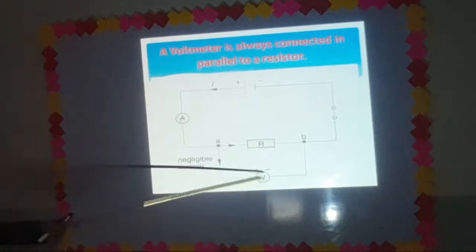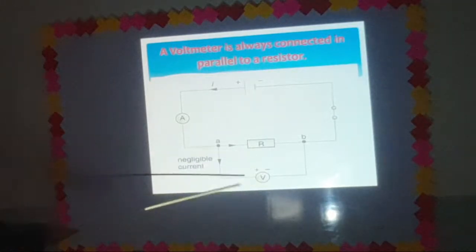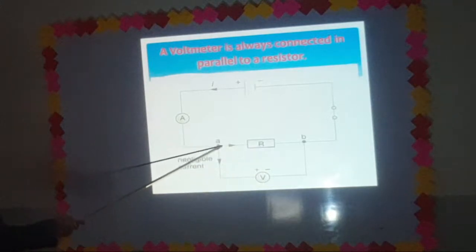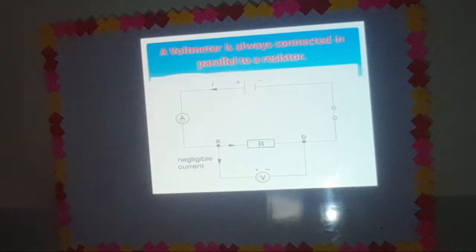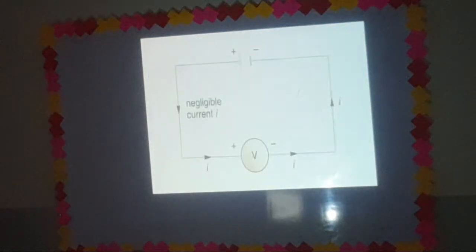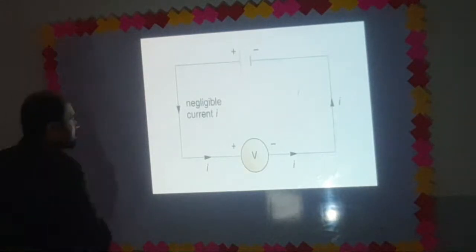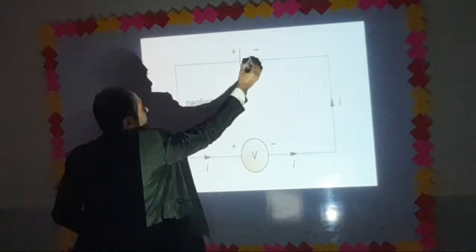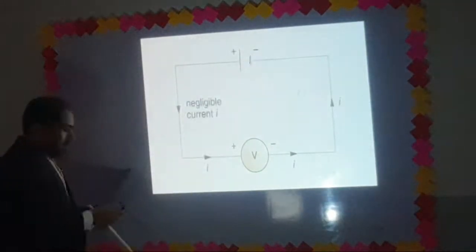Voltmeter is a device which is used to measure potential difference across our resistor at point A and at point B. So have a look here. In this specific circuit, this is the positive terminal of the battery, this is the negative terminal of the battery.